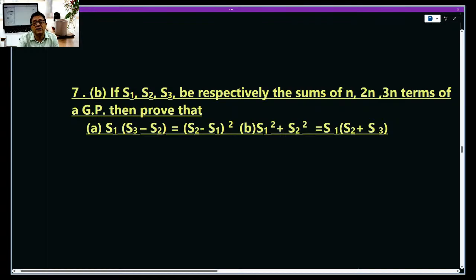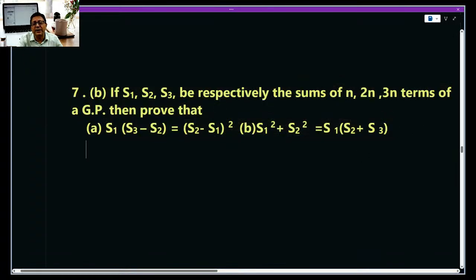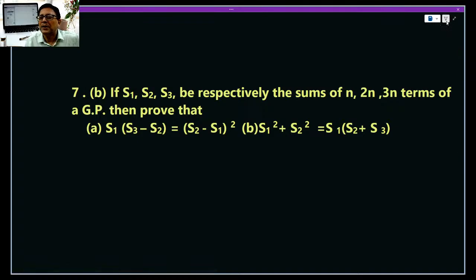Then prove that S1 into S3 minus S2 equals S2 minus S1 whole square, and S1 square plus S2 square equals S1 into S2 plus S3. This sum is there in most of the books. Believe me, this type of sum is there in all study material in this world. So think and do before I complete here. Okay? So let's start.